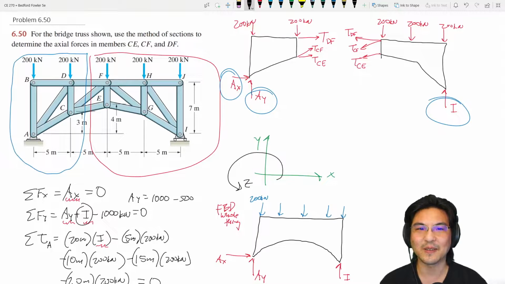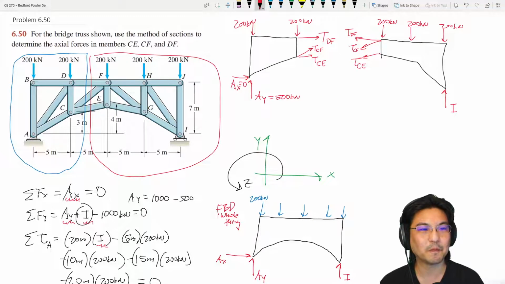So if we go back to this, AX is actually 0. Here, AX is 0. AY is actually 500 kilonewtons. And I is 500 kilonewtons.